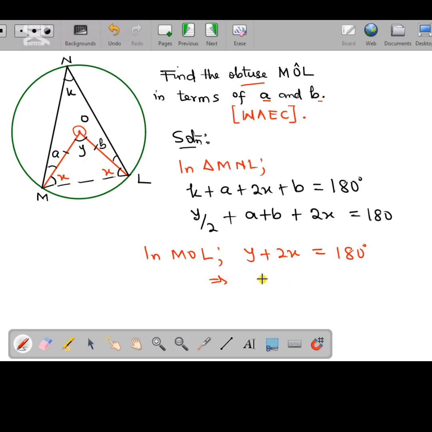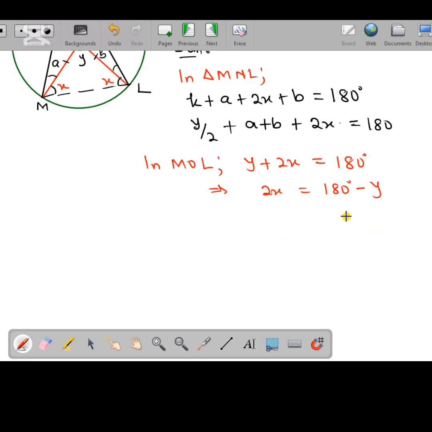So you will now see that our 2X is equal to 180 degrees minus Y. Why did I choose to write what I have in terms of X? Because I want to replace this so that everything will just contain my Y. So if you now substitute here, you have that Y over 2 plus A plus B, then our 2X now is 180 minus Y is equal to 180.